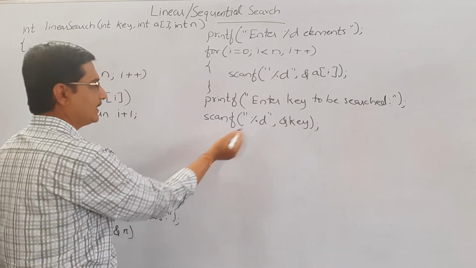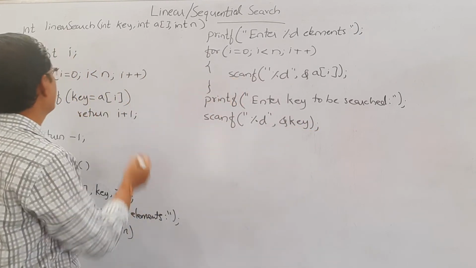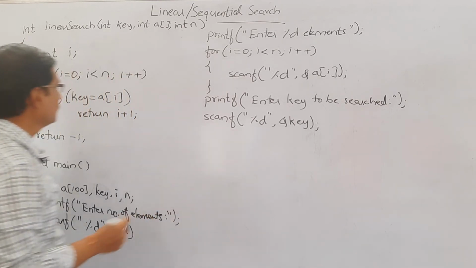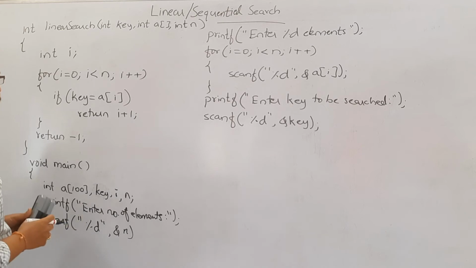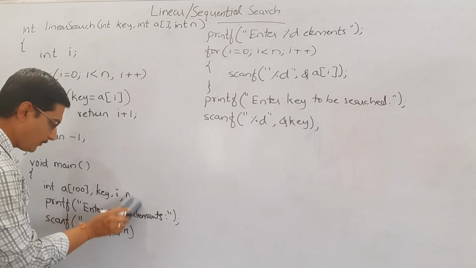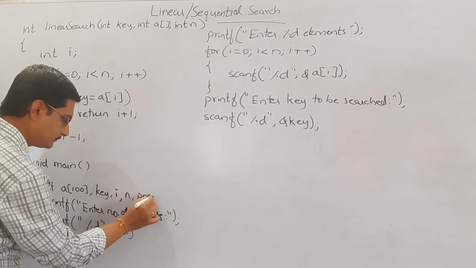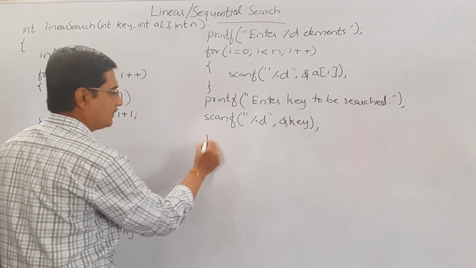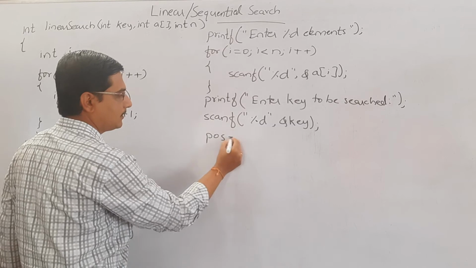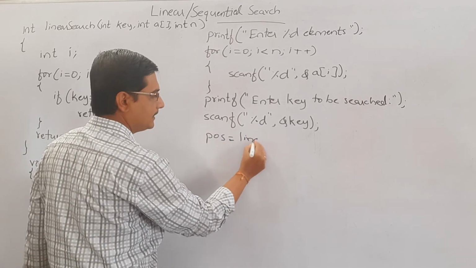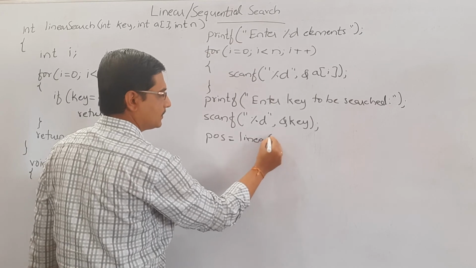After that, we can pass this key as well as the array to this function. It is going to return the position, right? So we need one more variable, say pos. For this variable, call this function: pos equal to linear search.